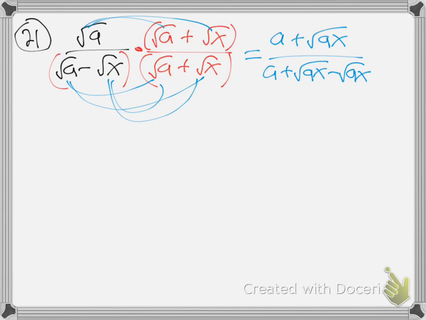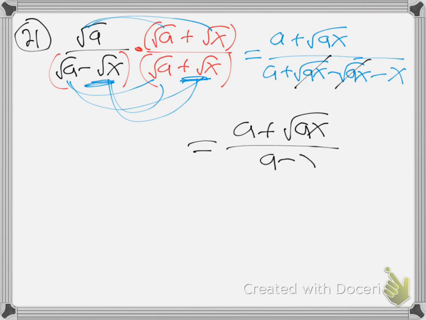And minus root x times positive root x, negative times positive is negative. Root x, plain x. Remember, 2 x's in roots lead to 1 x out. Okay? So now what happens? These cancel like conjugate always does. So that leaves us with a plus root ax over a minus x in the bottom, and we're done. It's as far as it can go. What did we accomplish? We got rid of the root from the bottom.